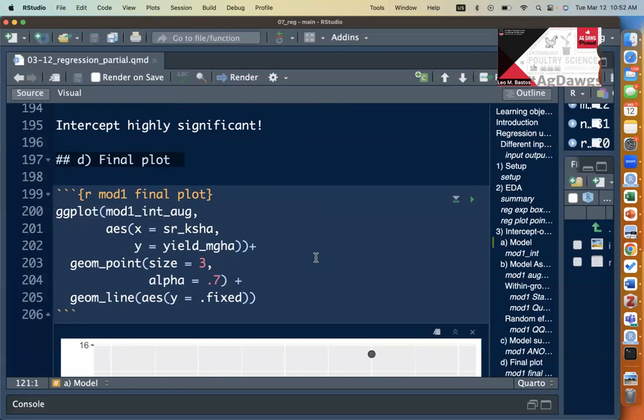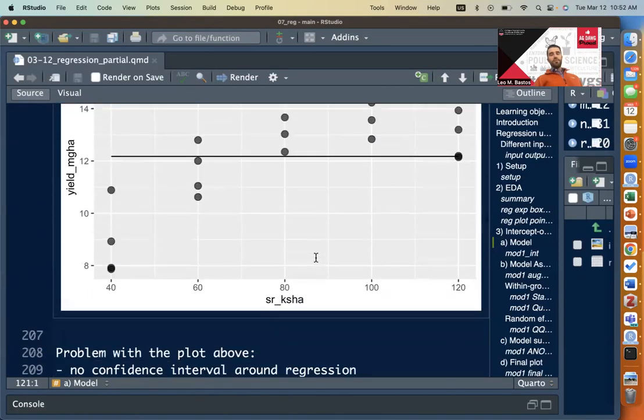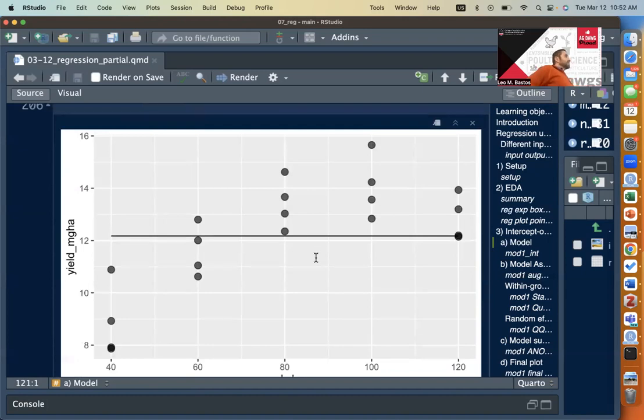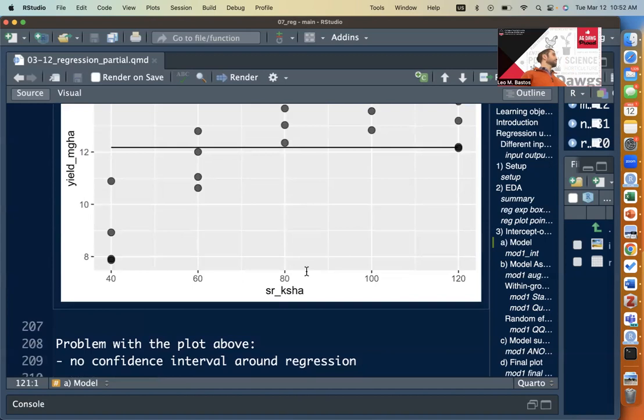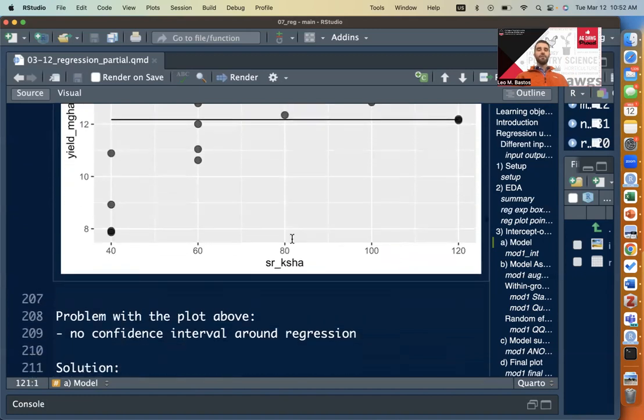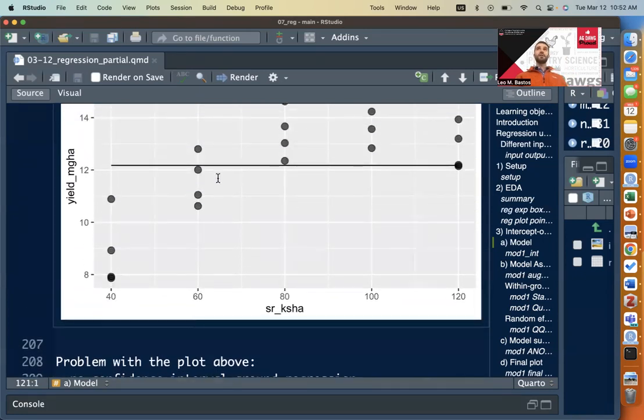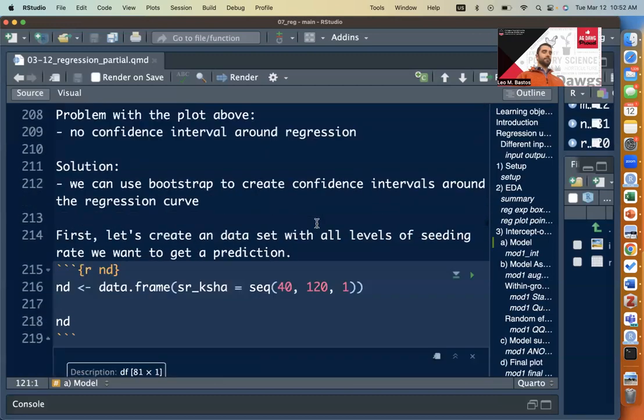The model was highly significant. So if we were to run just this model, perhaps we would say this is a good model. However, when we assess visually, we can definitely tell that this may not be the best model. This is what I urge you to always do: look at your data, always plot your data, so you have an understanding of what's behind it. Because just looking at p-values, just looking at residual plots may not give you the full picture. Even though this model was significant and there was nothing terribly wrong with the residuals, it's probably not the best model.